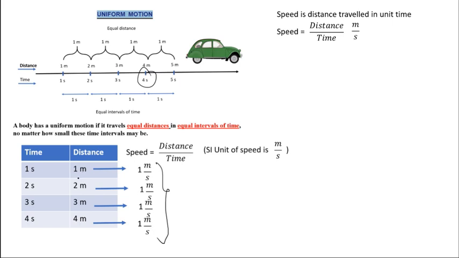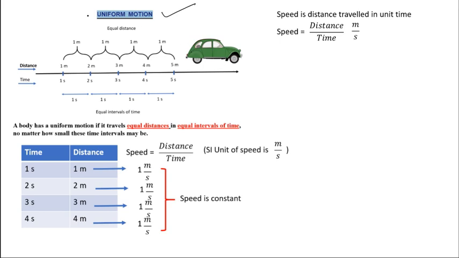So what is our observation? If equal distance is covered in equal intervals of a time, then the speed remains same. Right? So we can say that since the speed is same, or we can say speed is constant. That's a better word, isn't it? And therefore speed of the moving body in the uniform motion.